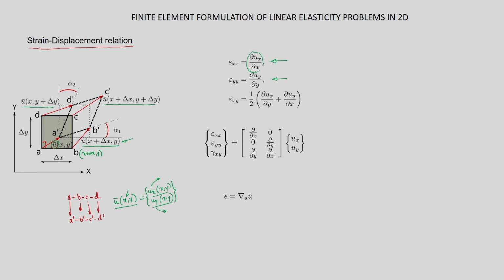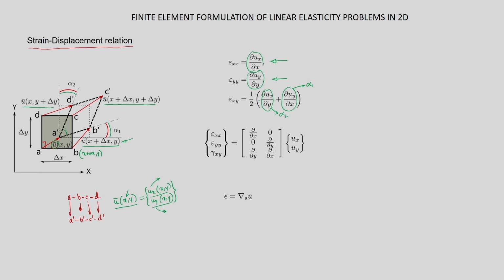Now finally, the change in the angle. Initially the sides AB and AD are at 90 degrees, perpendicular to each other. After deformation they have achieved an angle, that is B prime A prime D prime. The changes in angle are denoted by alpha 1 and alpha 2, and the sum of them denotes the shear strain. So del uy del x denotes alpha 1, and del ux del y denotes alpha 2.